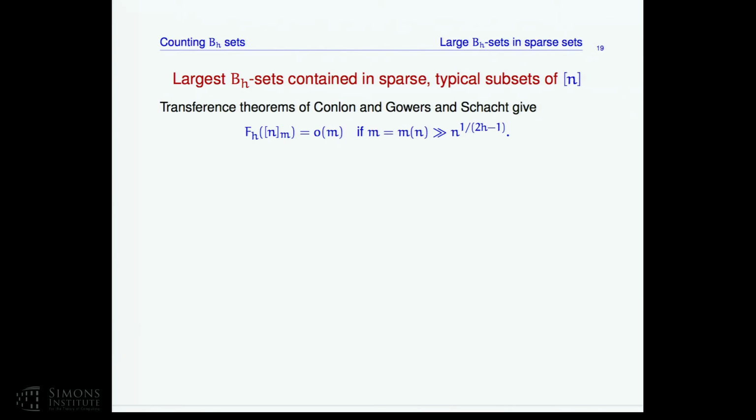In fact, the famous theorems by Conlon, Gowers and Schacht, the transference theorems, tell you that this function f_h of [n]_m is little o of m above this critical power of n. And we were interested in saying something about this function.